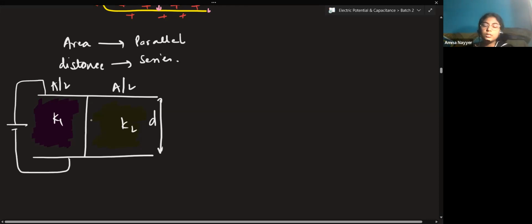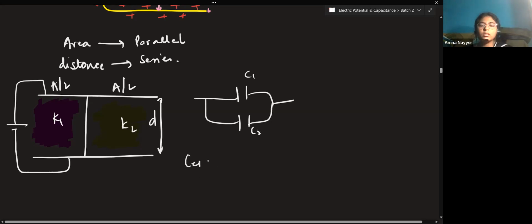Now see, the area is getting divided, which means they are connected in parallel. Both capacitors are connected in parallel. So whatever C1 and C2 are, the equivalent will be C1 plus C2.